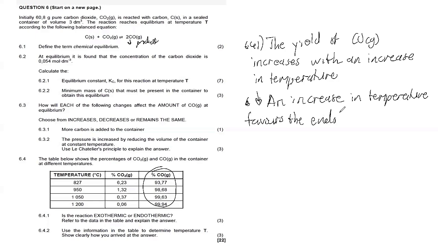As the temperature increases down the table, also the percentage yield of carbon monoxide increases. And then I'll say an increase in temperature favors the endothermic reaction, according to our Le Chatelier's principle.